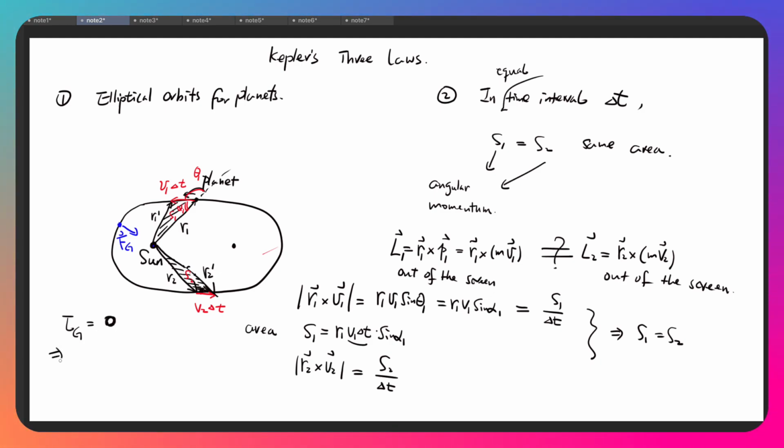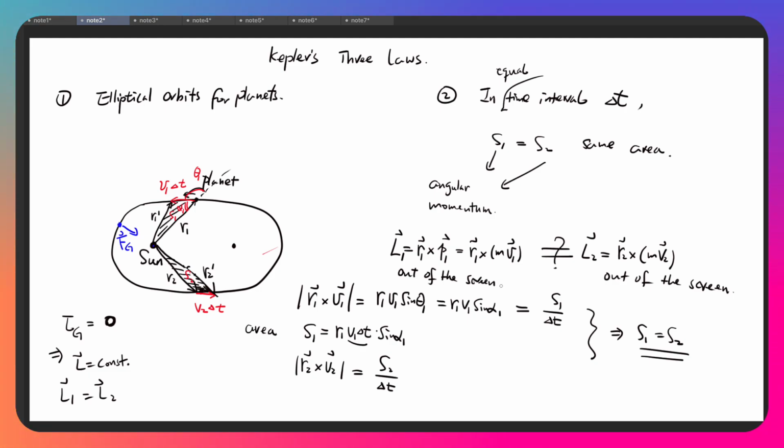So that's why L is a constant. Angular momentum is a constant. So L1 equals L2 in both direction and magnitude. The magnitude will give us the same area.